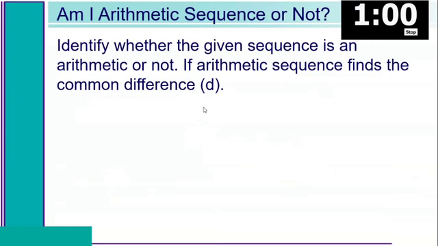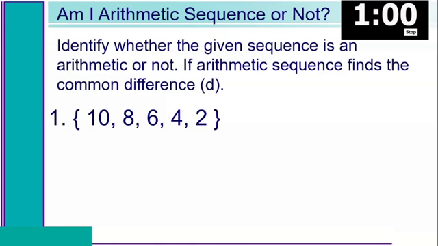So in this activity, is it an arithmetic sequence or not? You will identify whether the given sequence is arithmetic or not. If it is an arithmetic sequence, you will find the common difference, which is d. There are 3 problems. We have the sequence 10, 8, 6, 4, 2.